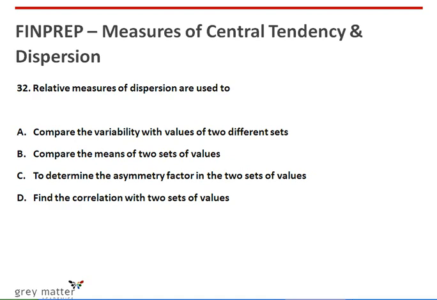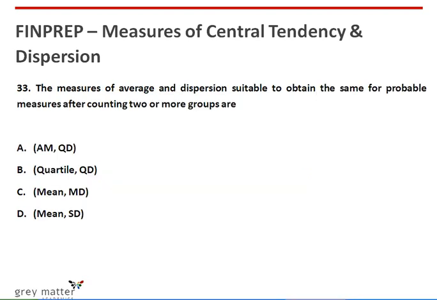32nd problem. Relative measures of dispersion are used to compare the variability of values of two different sets. It is by definition the answer. So it is option A, which says compare the variability of values of two different sets. 33rd problem.